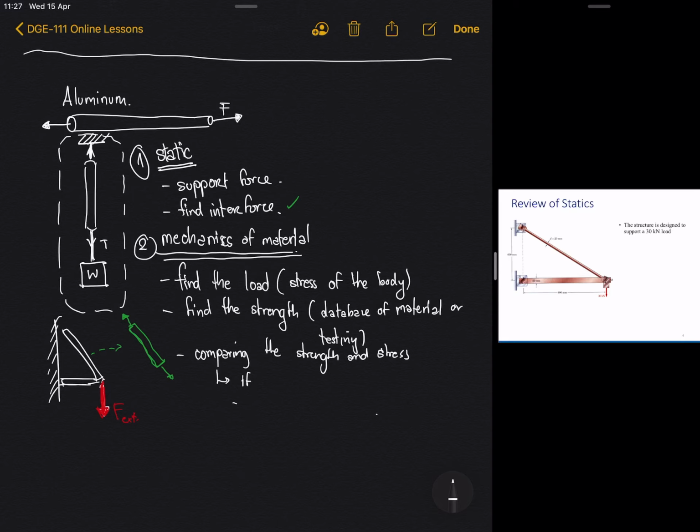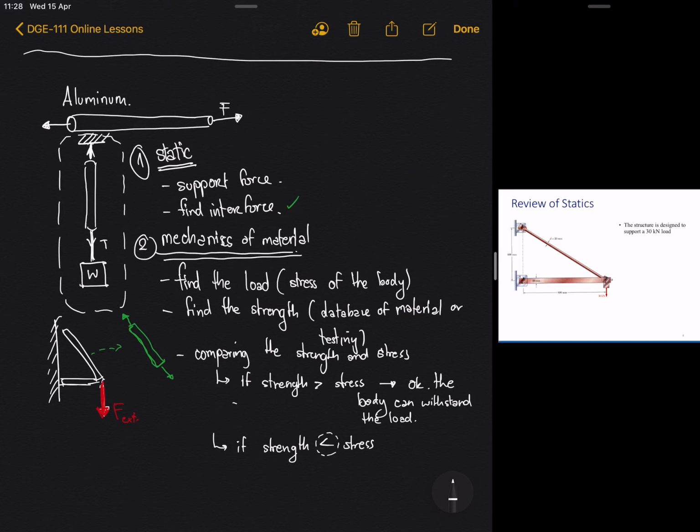If strength is more than stress, then I will say okay, the body can withstand the load. And if strength is less than stress, then the body breaks.